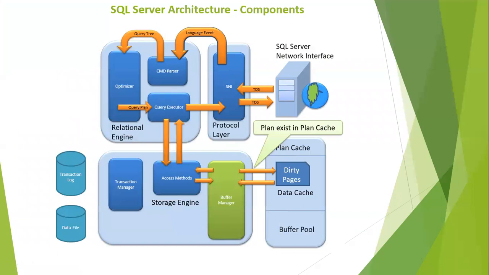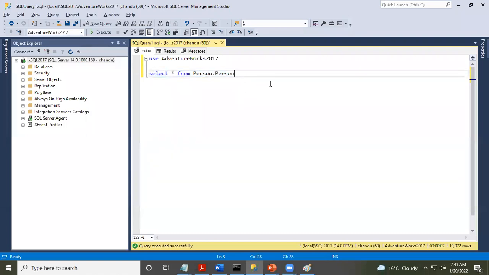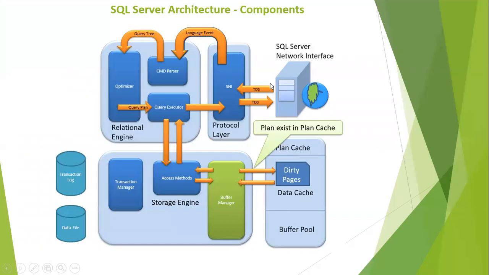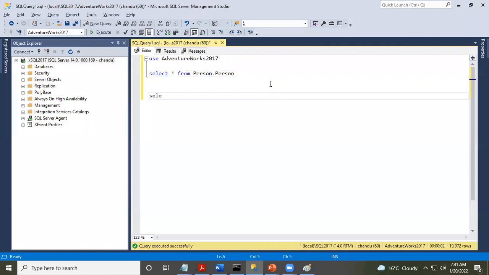The protocol layer sends a language event to the command parser. What exactly does the command parser do? It checks whether there are any syntactical errors, for example select star from person.person.